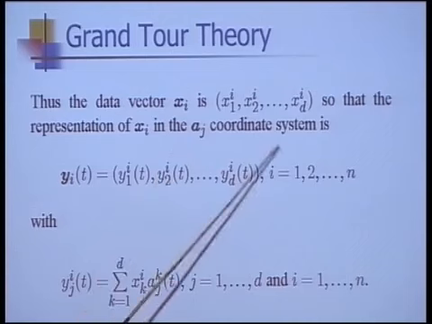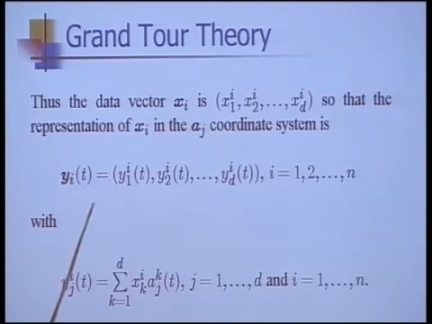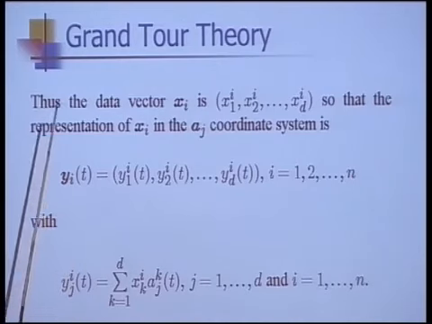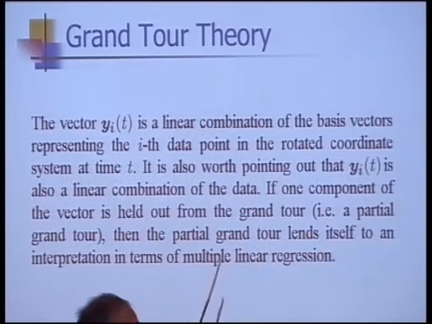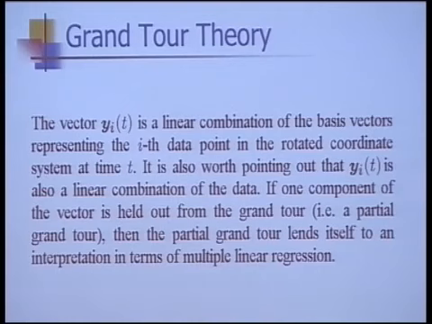So if x is the original vector and y is the rotated vector, then we can compute y by looking at essentially the dot product between the x and the a vectors. So that's essentially what that says.